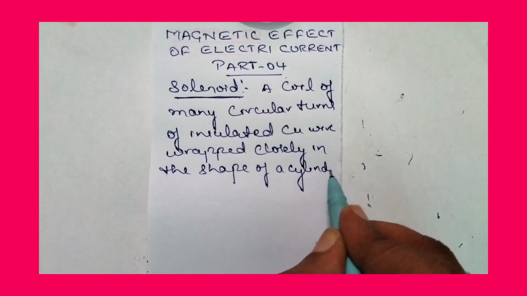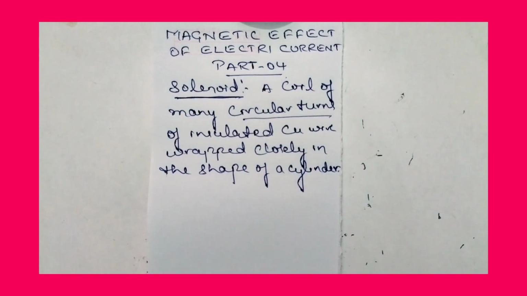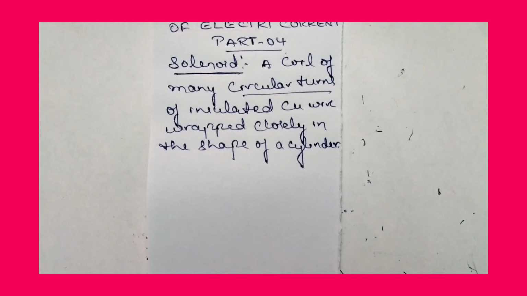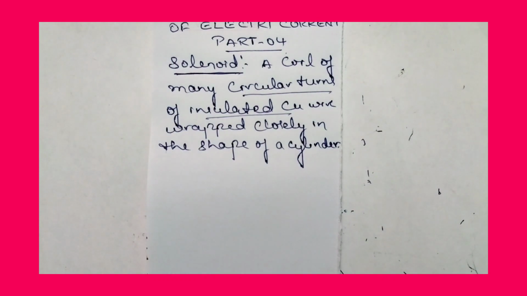So a solenoid is a coil of many circular turns, and this coil is made up of insulated copper wire. Turn by turn they are wrapped closely, and all the turns together look like a cylinder.